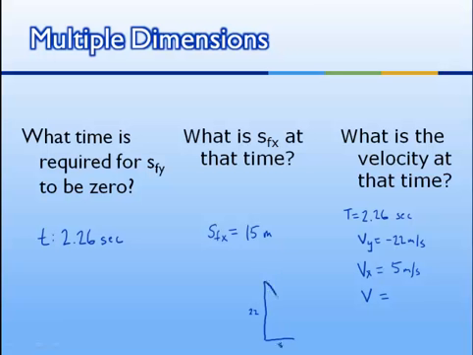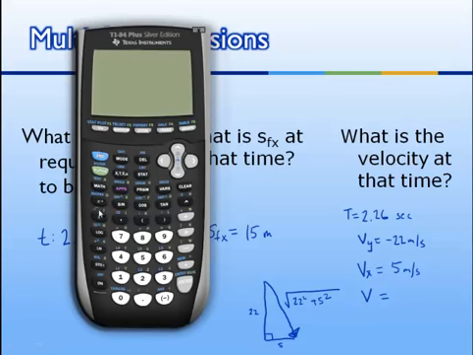The combined velocity would be this resultant vector, and that is the hypotenuse of a right triangle. And so we can find the hypotenuse of this by using the square root of the two legs squared, 22 squared plus 5 squared. And a quick calculation gives us a combined velocity of about 22.6 meters per second. Let's round that to 23 meters per second.